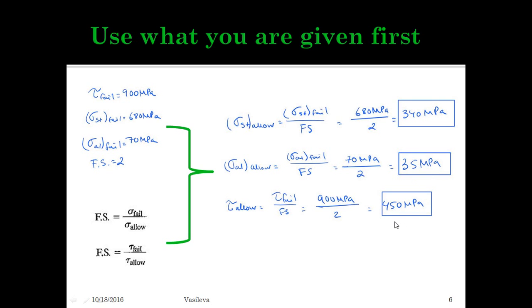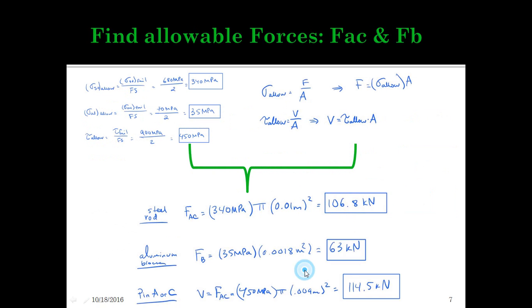And remember, a megapascal is a Newton per meter squared, but mega is times 10 to the 6th. So this is 450 times 10 to the 6th pascals. Okay, so now we have found our allowable stresses, right?